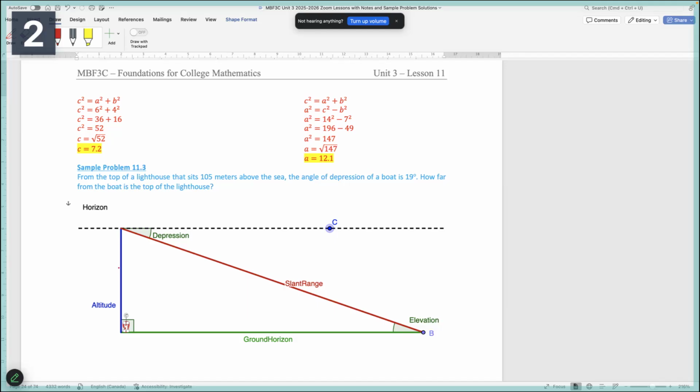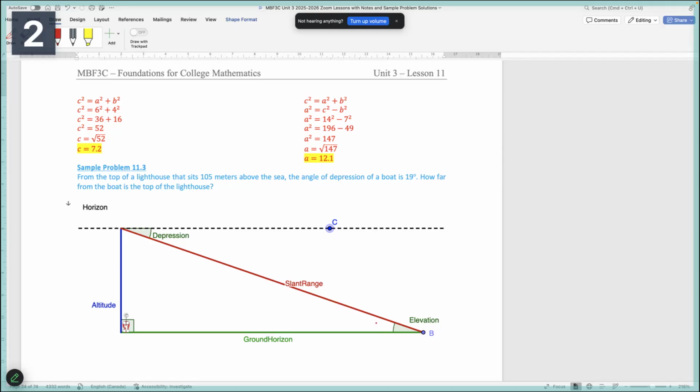Okay, from here to there. The angle of depression, which is this angle right here, is 19 degrees. Now, if you were looking from the boat up towards the top of the lighthouse, that would be the angle of elevation. And these two angles are equal.